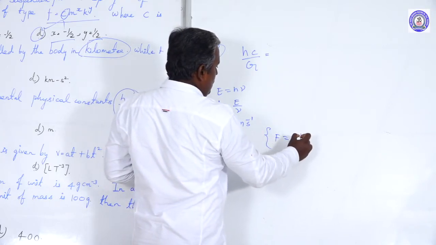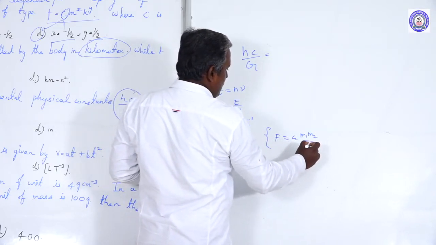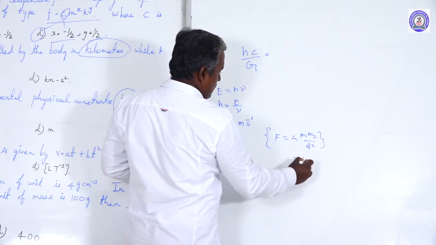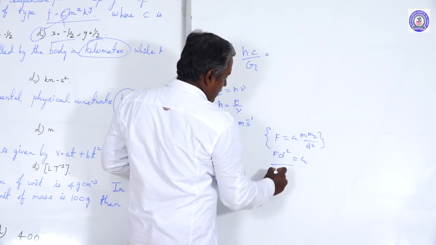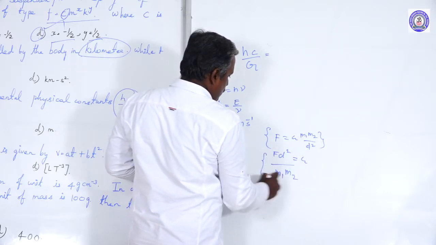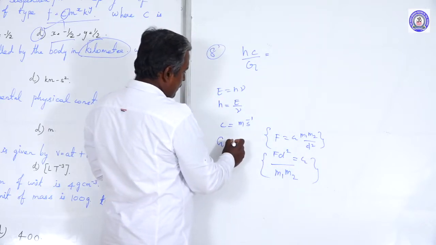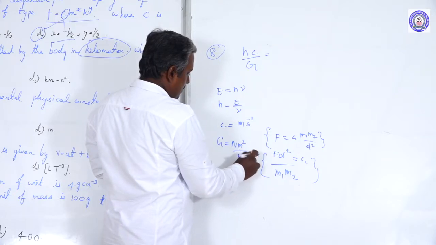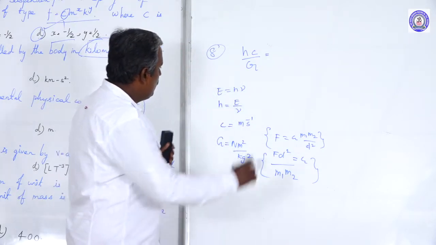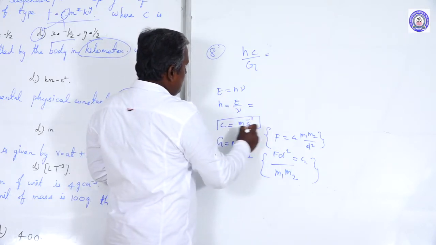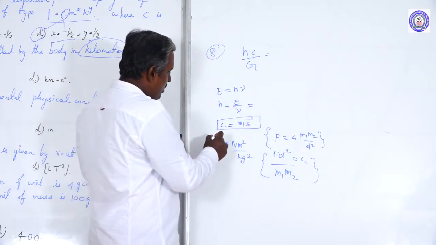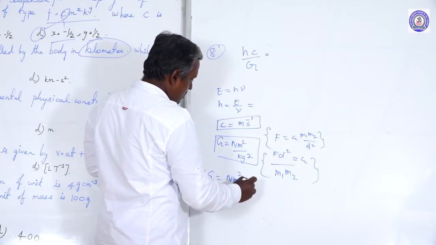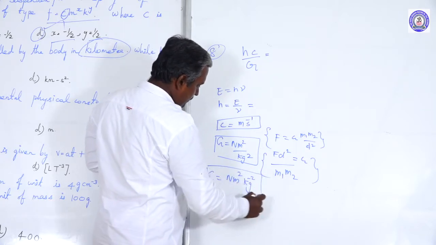F is equal to G m1 m2 by r square. So G is equal to F r square by m1 m2. So Newton meter square per kilogram square. Okay, that is the unit for C and G is Newton meter square kilogram power minus 2.